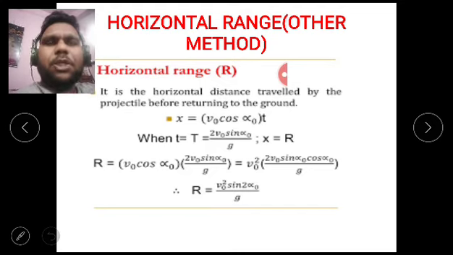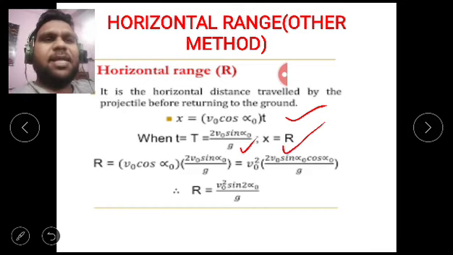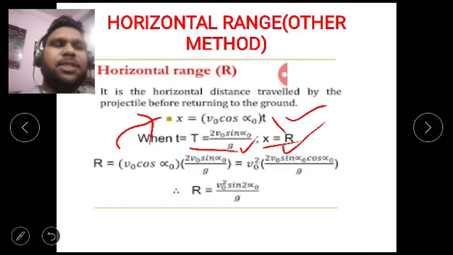Okay, so what is t? T is time of flight. It is given by the formula 2u sin alpha by g, and x will be equal to r as the definition suggests. Putting both the values of t and x in this formula, you are getting r is equal to v0 cos alpha into 2v sin alpha upon g.